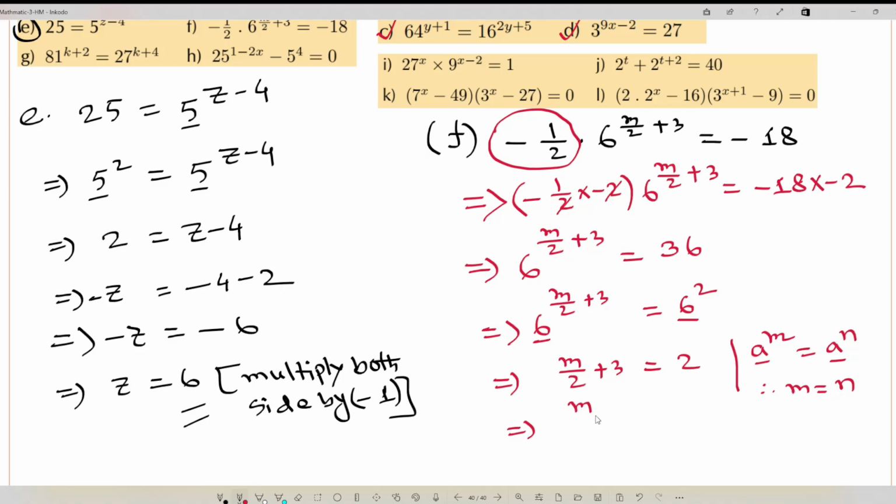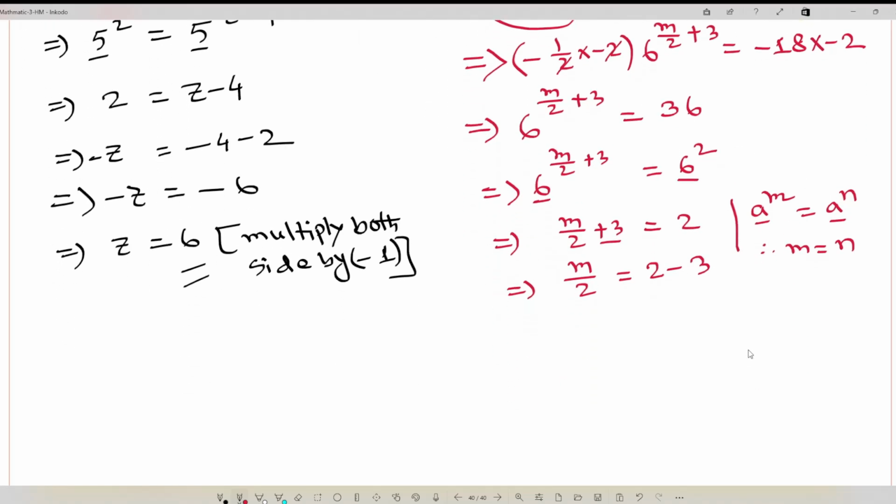So here m divided by 2 equals 2, and this plus will become minus, and 3 becomes minus 3. Now m divided by 2 equals minus 1, so m equals minus 2. Okay, this is our answer.